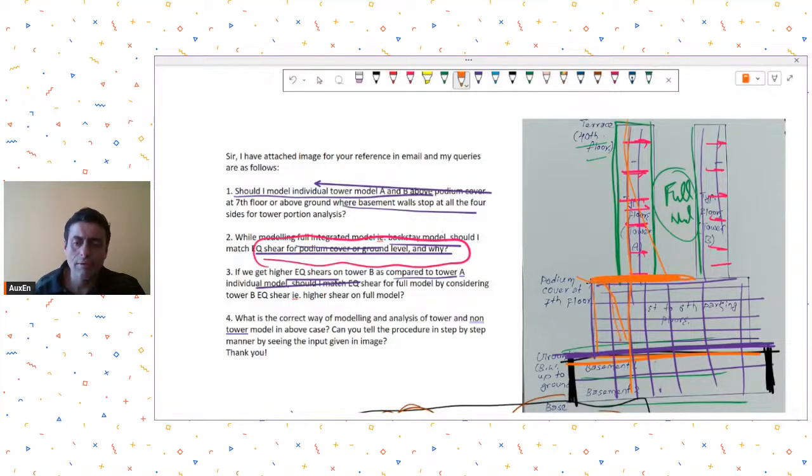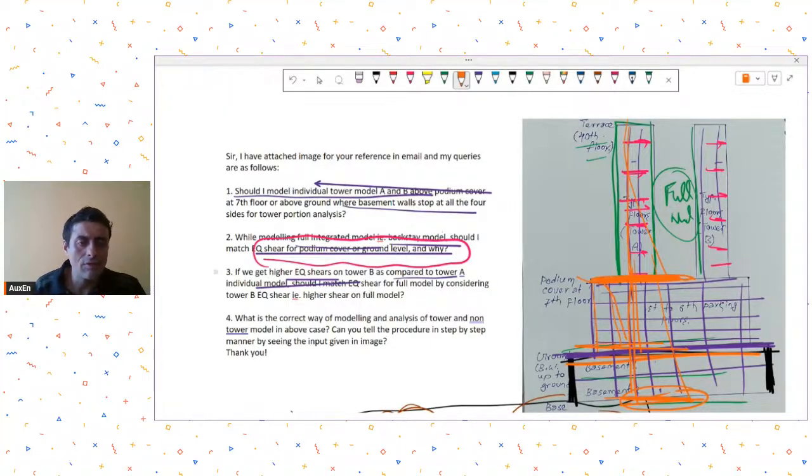If you get a shear reversal at the ground floor, then you may try to match the shears at the ground floor level. If you're not getting any shear reversals, then you just observe what shear forces you are getting at the base, and then accordingly try to do the base shear matching between the dynamic and static. Again, this is my opinion. You don't get any such directions or guidelines in the code as of now.